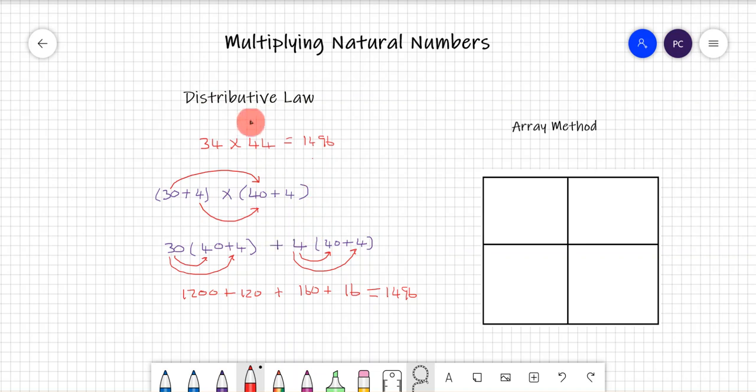The other way we can do this same problem is by using what's known as the array method. We can create an array that looks something like this, and do exactly the same thing.